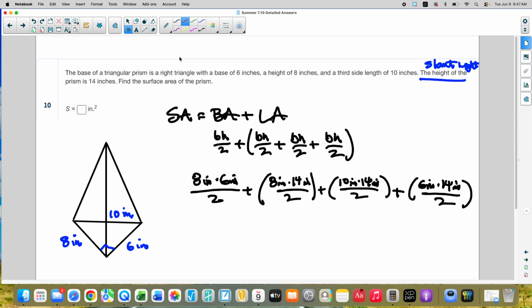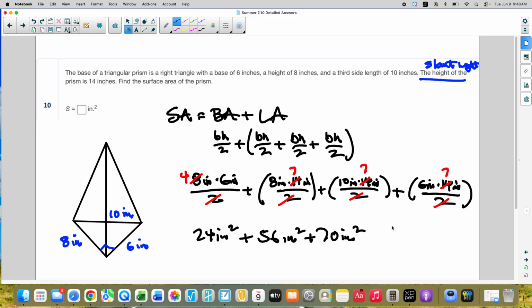Let's cross cancel here. 2 into 8 gives us 4. 2 into 14 is 7. Now let's multiply. That's 24 inches squared plus 56 inches squared plus 70 inches squared plus 42 inches squared.